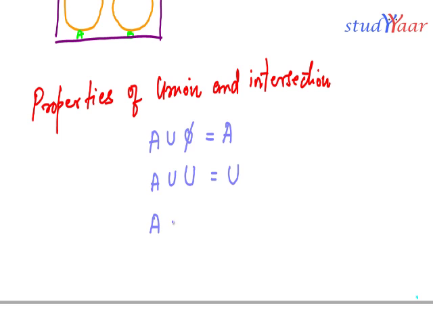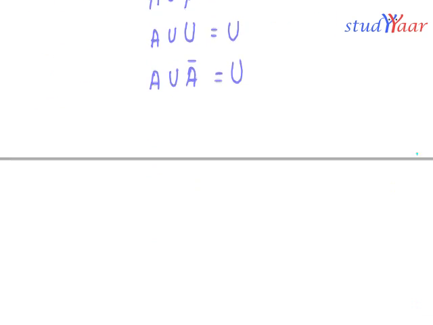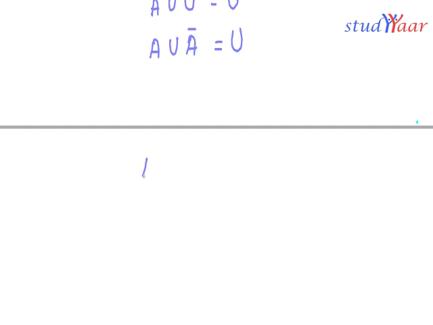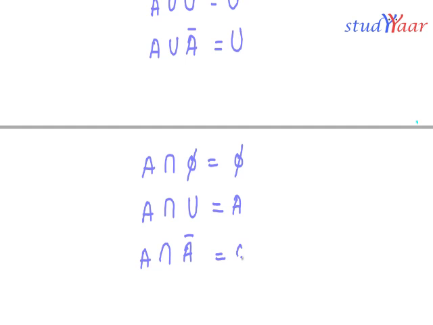Similarly, A union complement of A is equal to the universal set. And regarding the intersections, I have A intersection empty set is equal to empty set. A intersection universal set is equal to A, and A intersection complement of A is an empty set.